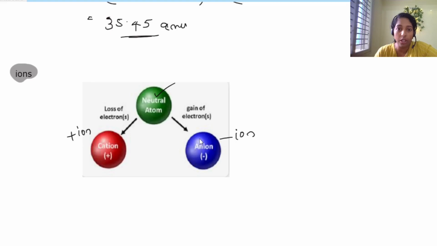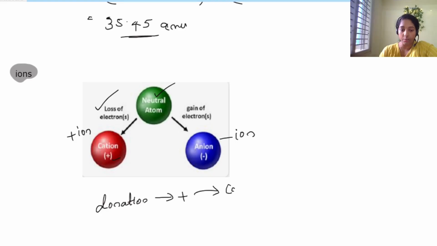You can think of donation as always a positive thing. Loss of electrons, donation, makes it positive, and cat is positive. Like that you can study it. So that is what you mean by ion.